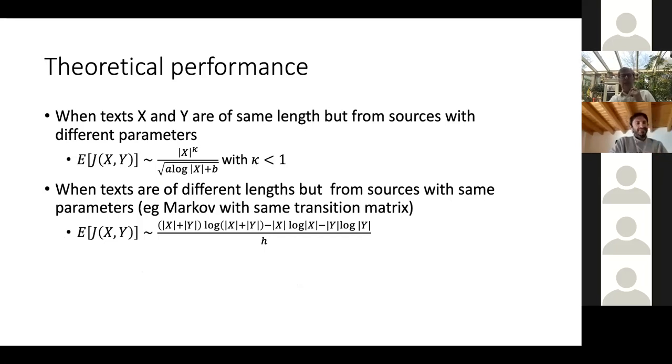When the texts are of different lengths, but from sources with the same parameters, we have a more accurate formula: the joint complexity is basically an entropy-like formula. If you see the log of x plus y minus x log x minus y log y, it is like an entropy-like formula divided by the entropy rate of the text.